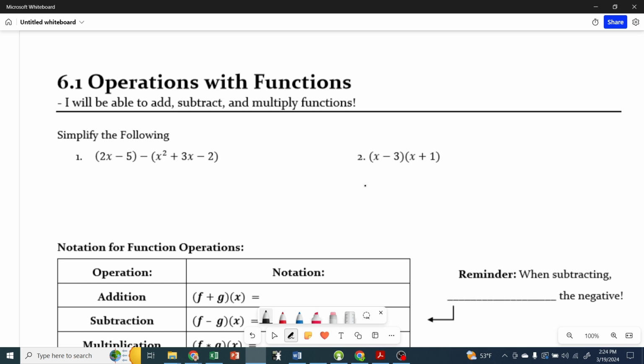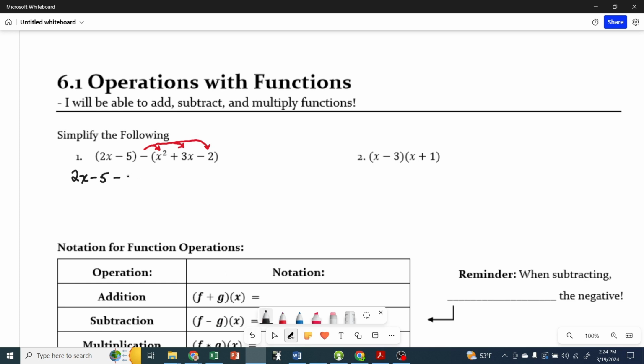So, first thing we want to do here is to take our functions and clear the parentheses. 2x minus 5. Now, we must always remember when there's a minus parentheses, we're going to distribute the minus sign over everything inside those parentheses.